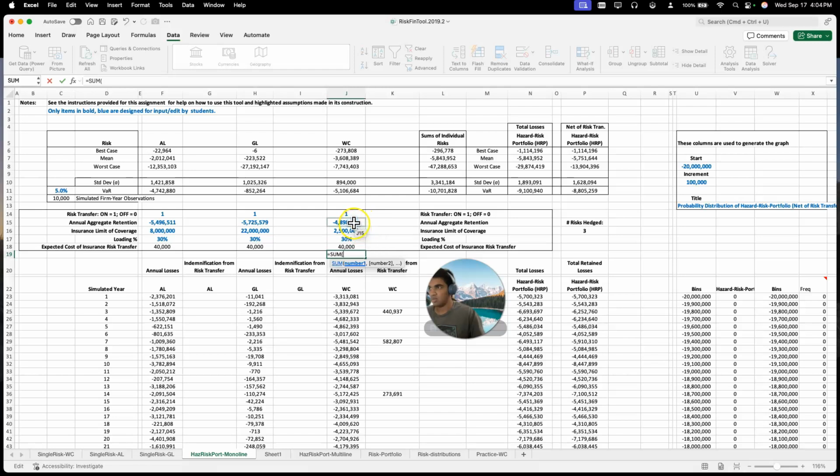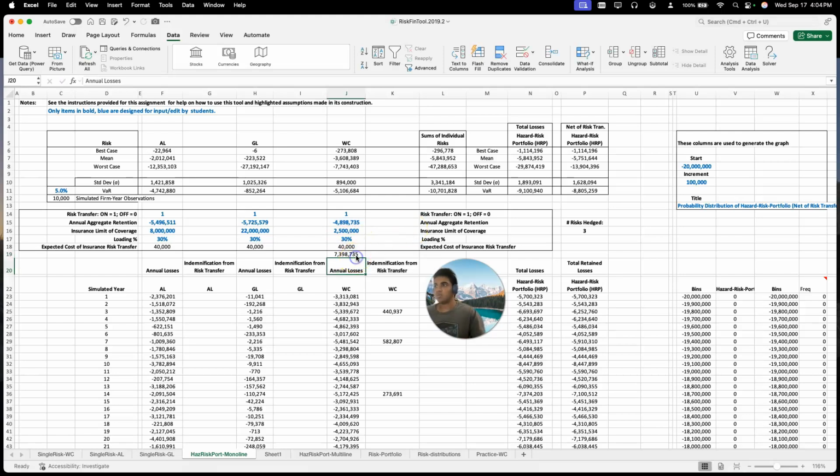Sum of that, negative plus that. Boom. That should work.